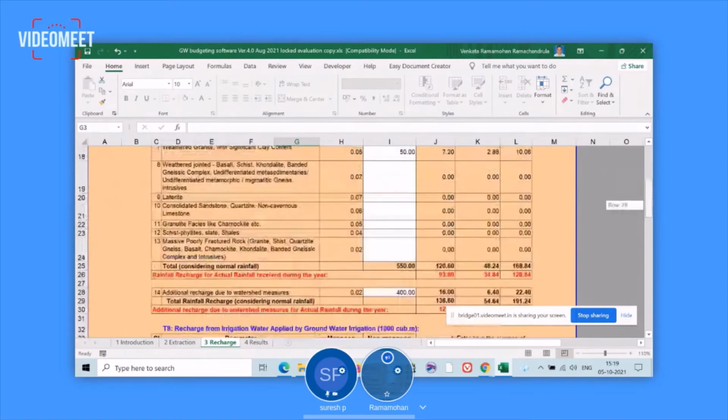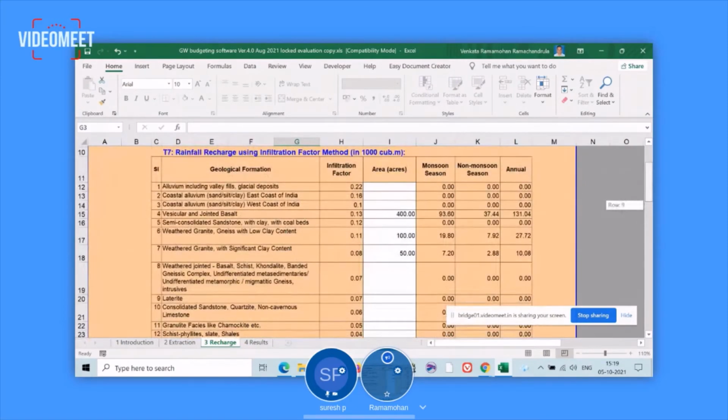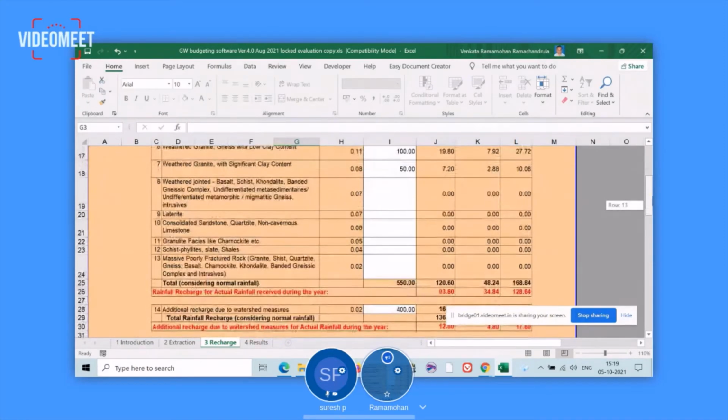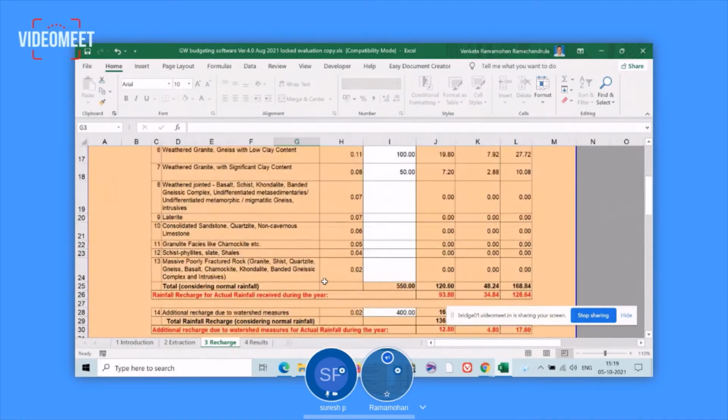And please note that all these tables or calculations are done for the normal rainfall, because the GEC guidelines as well as various other norms suggest that we have to do groundwater budgeting for the normal rainfall, so that the future planning for any interventions related to groundwater management is done with a long-term perspective in mind.